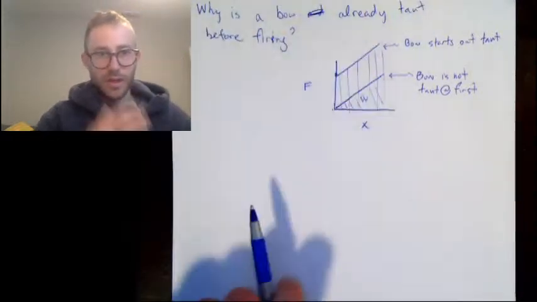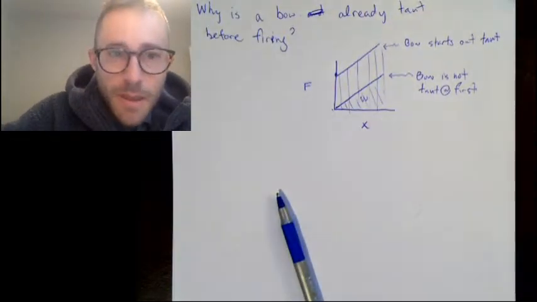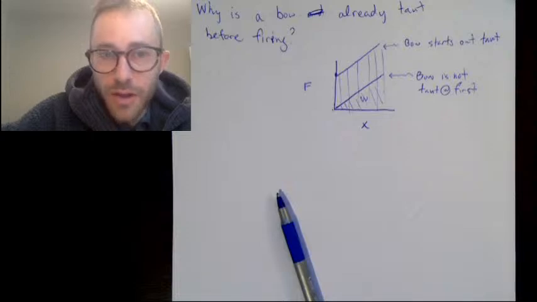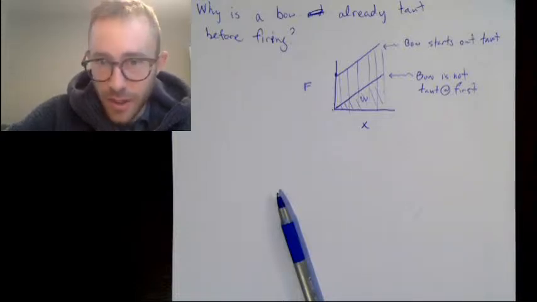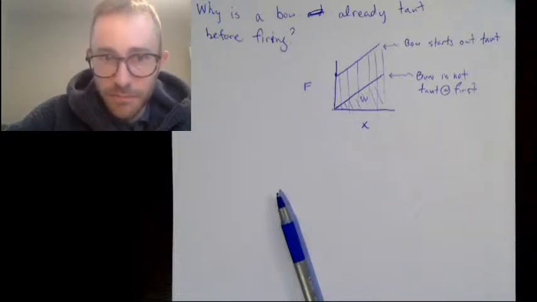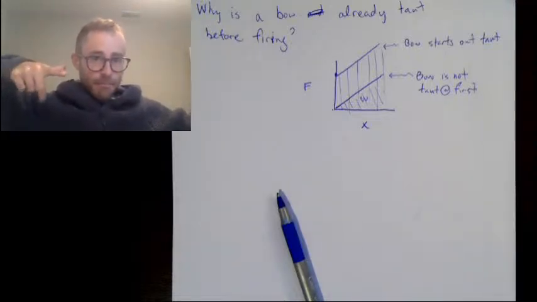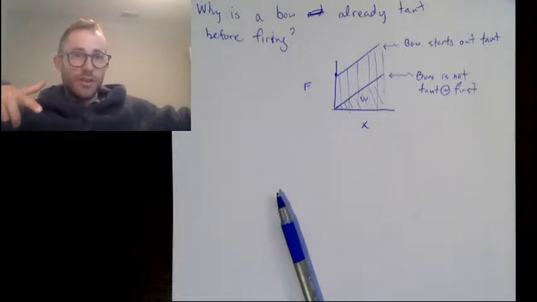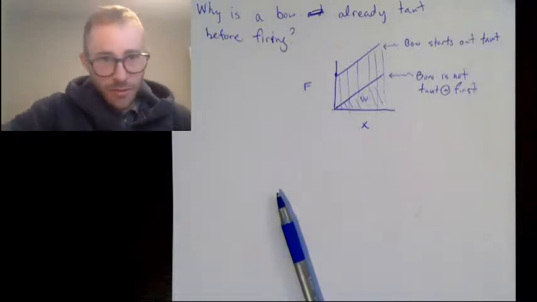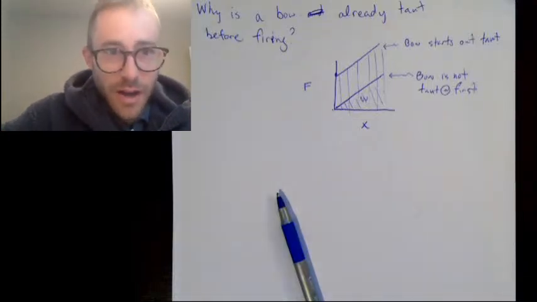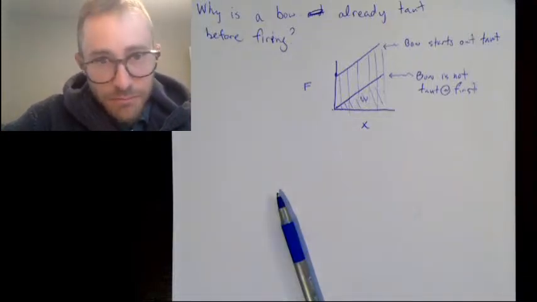So what that translates to is that the bow has much more elastic potential energy stored in it, so that when you let go of the bowstring, that elastic potential energy becomes the kinetic energy of the arrow, and so basically the arrow is going to go a lot faster.